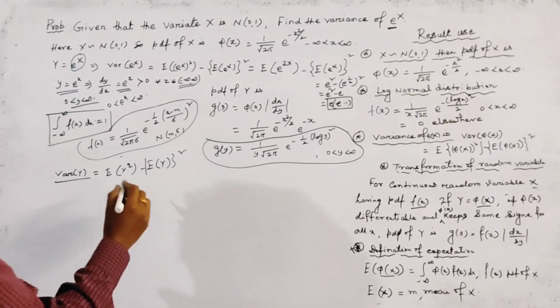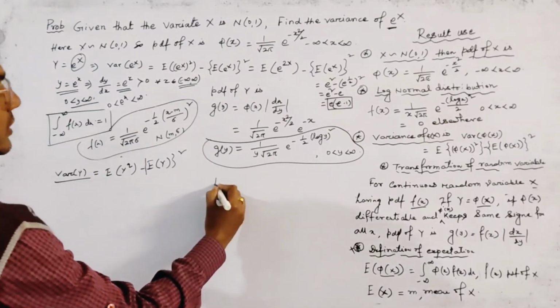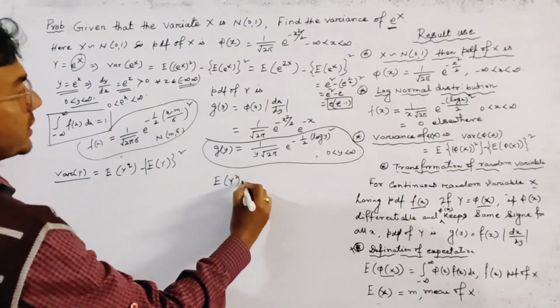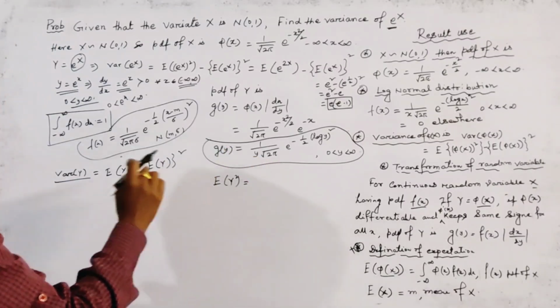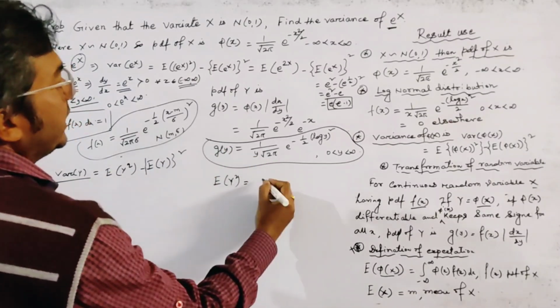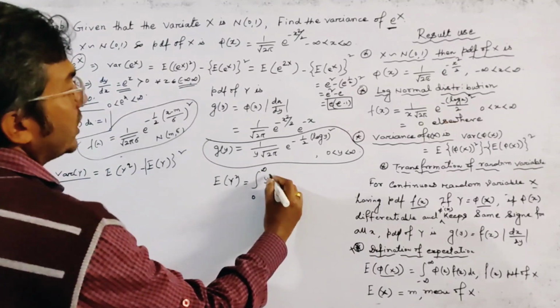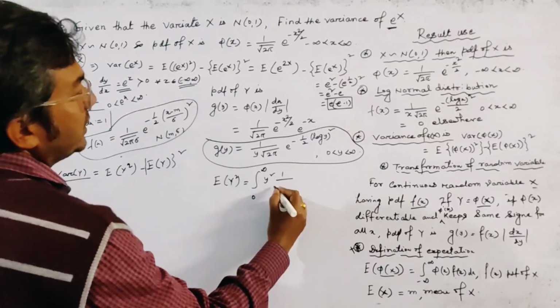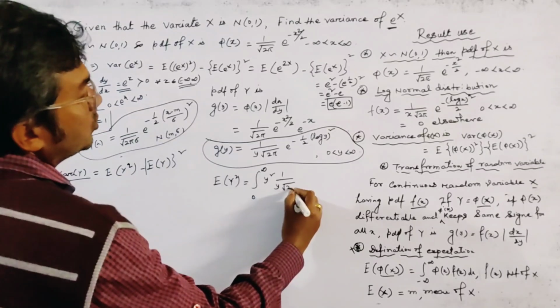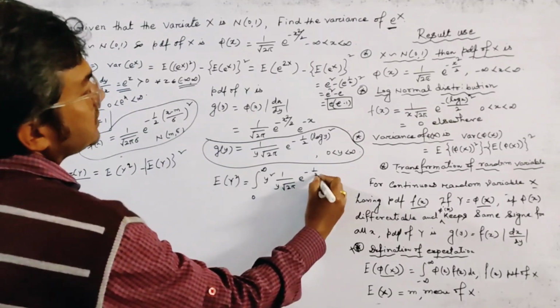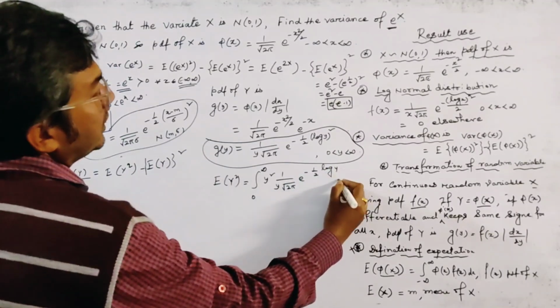Now to find the value of expectation of y square, using the definition of expectation, this is the integration from 0 to infinity of y square into 1 by y into root 2 pi e to the power minus half log y whole square dy.